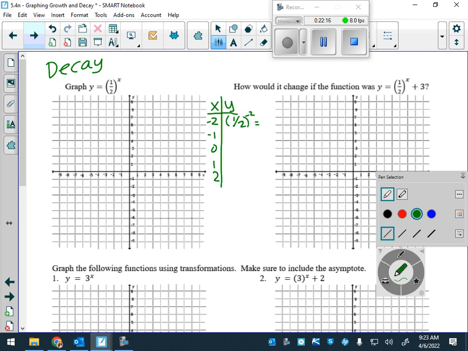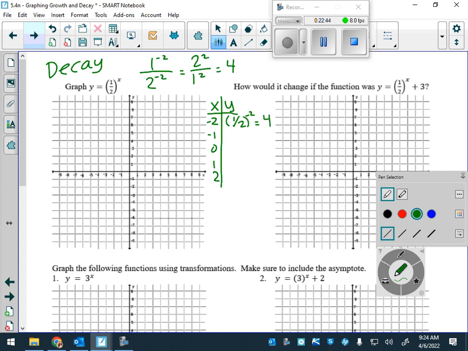So that means we have 1/2 to the -2nd. Careful. Yeah. 4. Because we have 1 to the -2nd, 2 to the -2nd. Can we have negative exponents? No, so both of those switch.